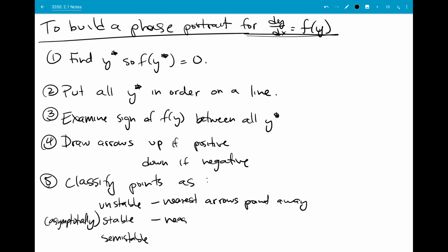Stable is going to be if nearest arrows point towards. These are all in terms of y star. We're classifying the points y star.